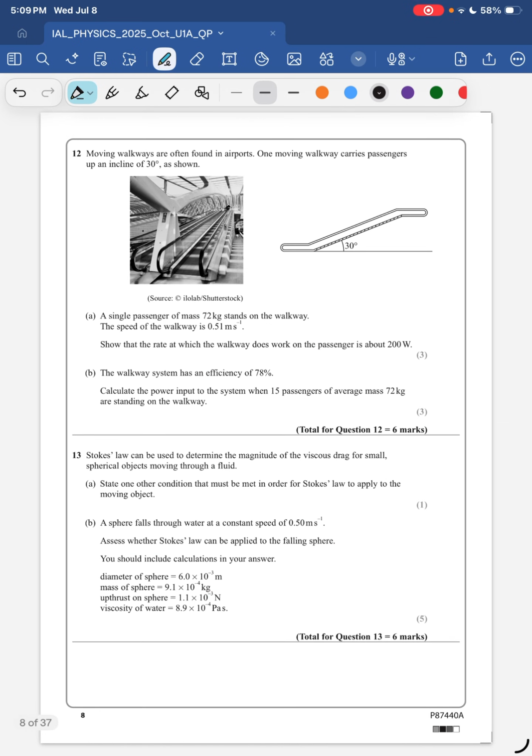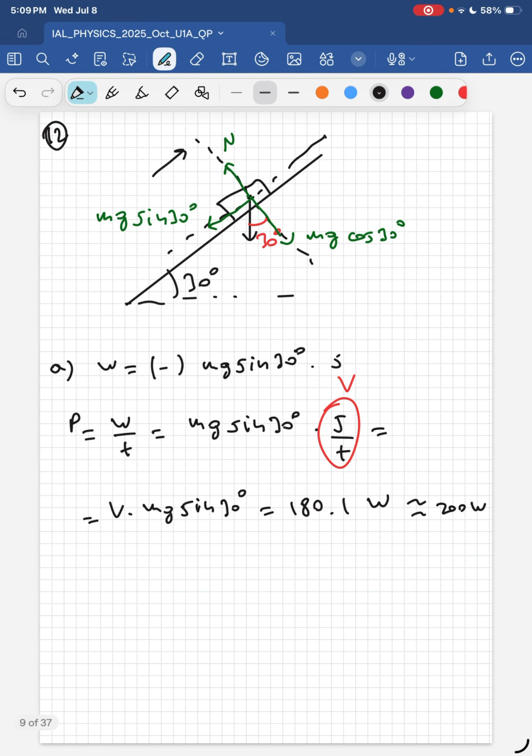Okay. Part B, the walkway system has an efficiency of 78%. Calculate the power input to the system when 15 passengers of average mass 72 kilograms are standing on the walkway. So the efficiency is the useful power over the input power, so the input power is going to be equal to the useful power over efficiency.